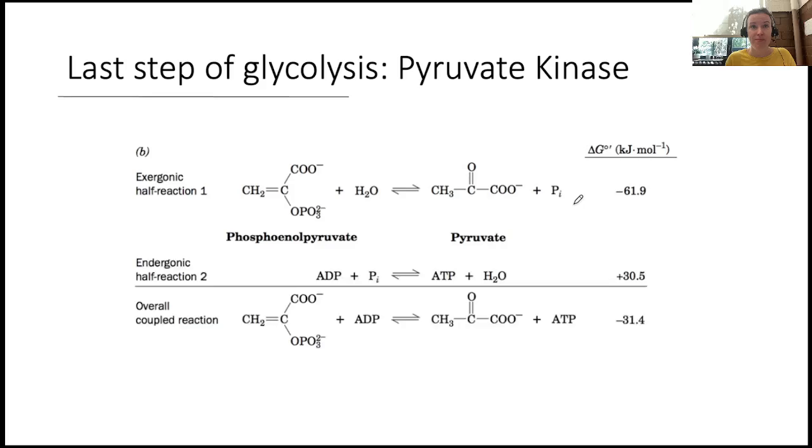That's a lot. The other thing that's happening in this reaction, you see, is that we are chopping off a phosphate and using this phosphate to make ATP. So the other part of the reaction is combining ADP plus a phosphate, but that requires 30 kilojoules of energy. Well, by coupling these reactions together, we have an overall negative delta G, and this reaction is favorable and will proceed spontaneously.